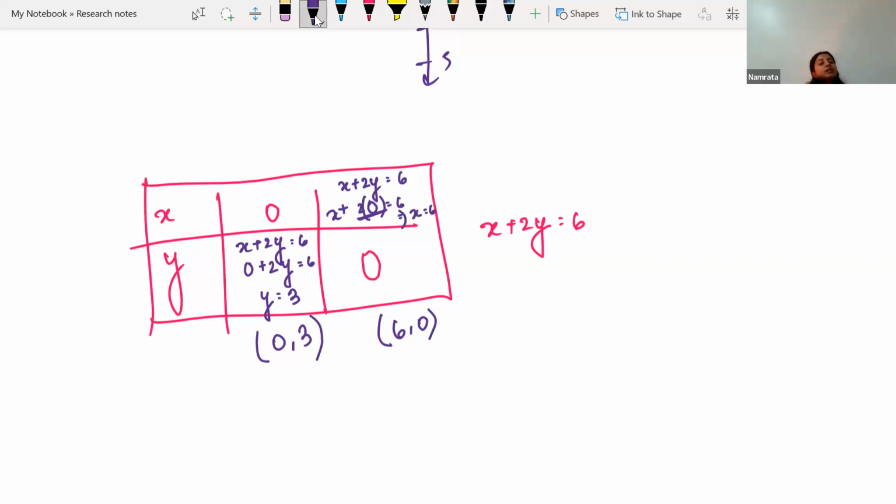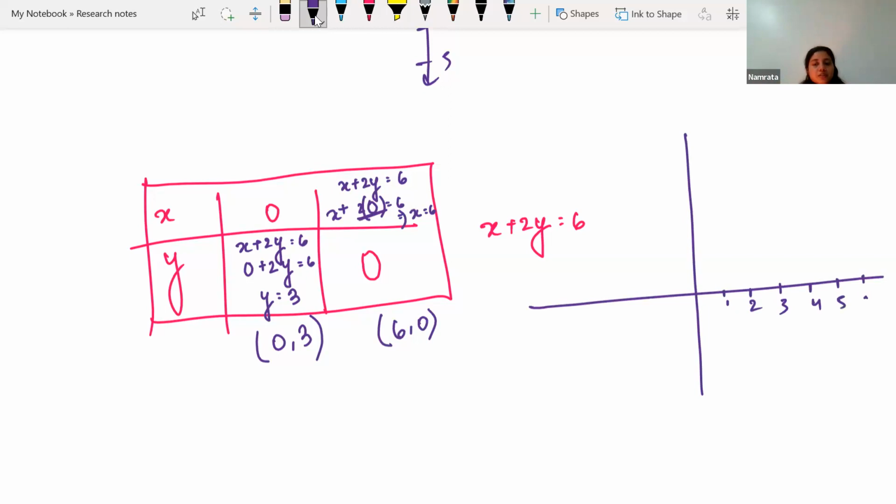With the help of only these 2 points, without creating so many points, you will be able to plot the graph. You can see here 1, 2, 3, 4, 5, 6 on the x-axis, and -1, -2, -3, -4 in the negative direction. On the y-axis we have +1, +2, +3, +4, +5, and -1, -2, -3, -4 below.